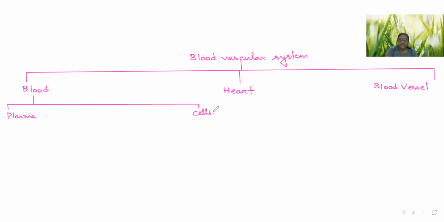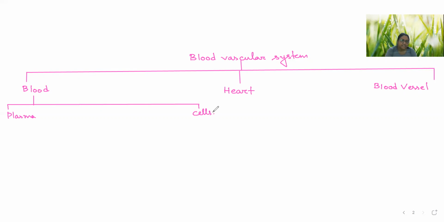As I said, all connective tissue has a matrix and cells present inside it. So blood is a liquid connective tissue, and plasma is the matrix. Many times in exams, one very good question is asked about the difference between serum and plasma. We will discuss it later. It's a very important question. You can mark it down.